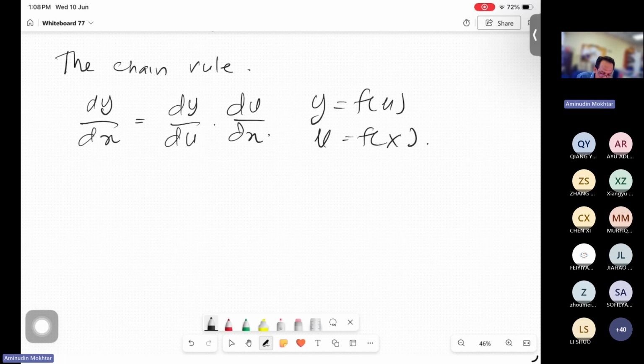Please refer to page 7. In other words, we have two equations here. y equals f of u, u equals f of x. y is a function of u, u is a function of x. So dy/dx is equal to the product of dy/du and du/dx.